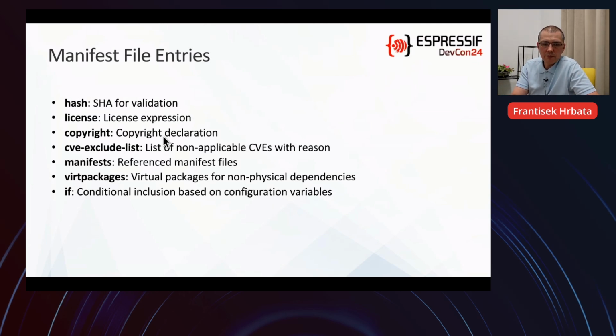The same goes for virtual packages. I don't think we are using it right now, but the idea is to describe a relationship when your application or the firmware is using something from ROM. It's not actually part of your application, but it's a real dependency that you want to express.